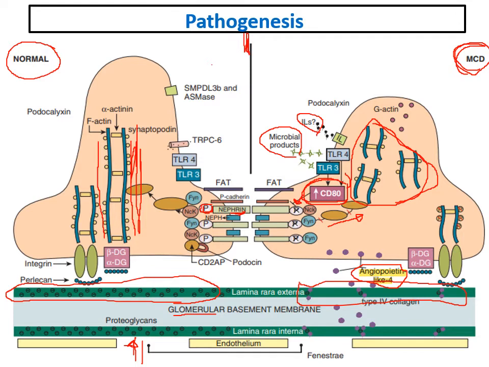In the normal side, there are a lot of anionic sites. Here, angiopoietin-like 4 causes a decreased number of anionic sites, allowing albumin to pass through the glomerular basement membrane. This is how CD80 and angiopoietin-like 4 usually cause minimal change.